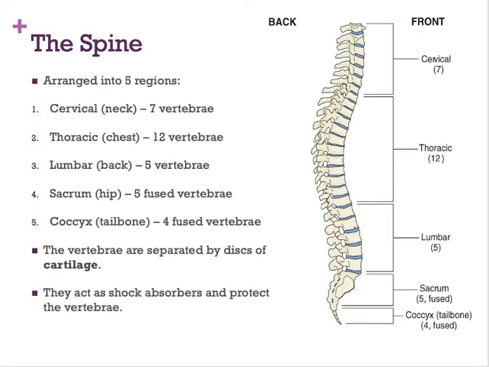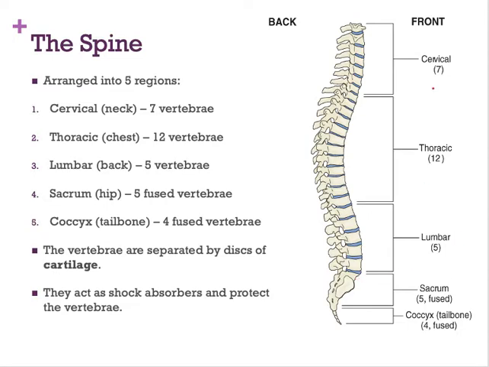It has to support a lot of the weight of your torso, and so it's the place that quite frequently gives difficulty with bulging discs of cartilage. And then we have our sacral region down here at the bottom, and you'll notice that the sacral and into the coccyx here, they're all fused together.